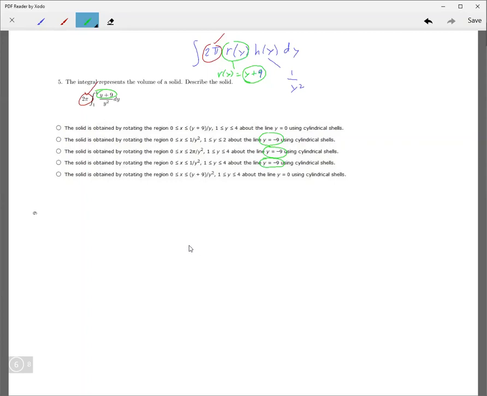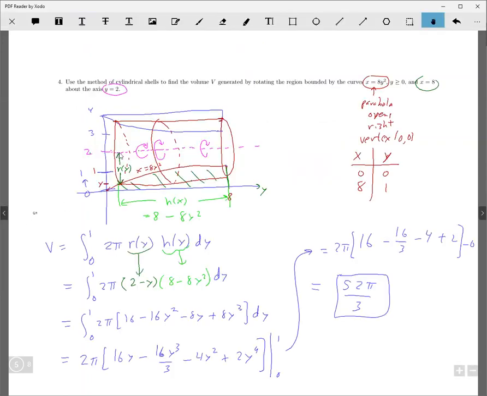Because it's not like, if we look at this previous problem, for example, we revolved it about this 2, right? So the radius was 2 minus y, right?